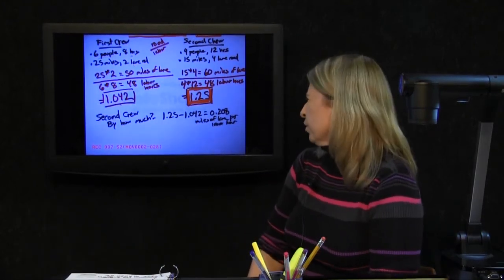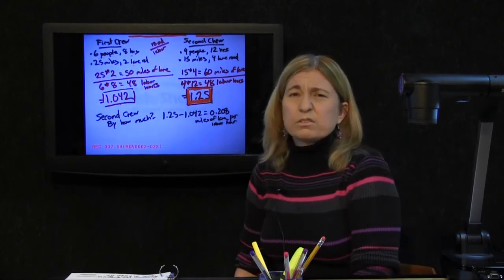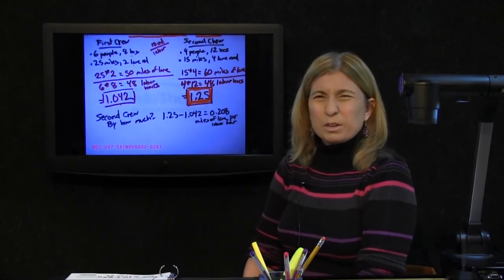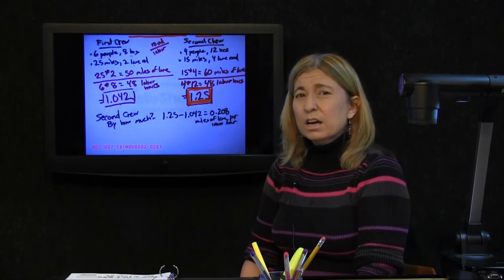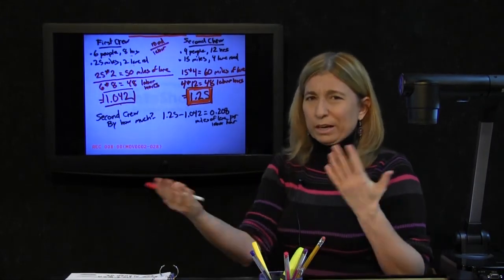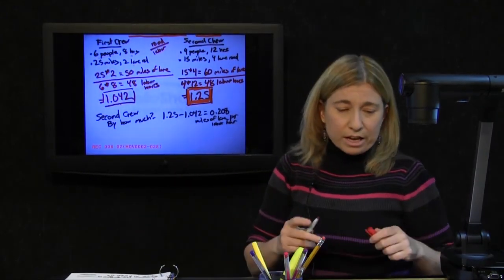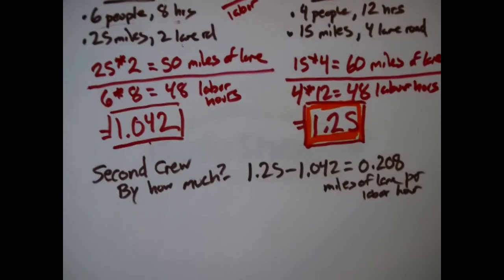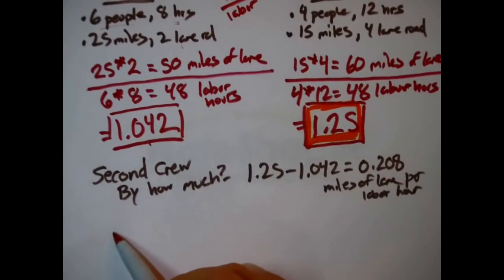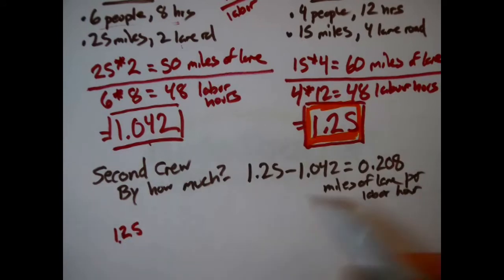Because when you look at the 0.208, that is an answer to the question, but it doesn't really give you any sense if that's really good or bad. If they're winning, so to speak, by a lot or not. Percent difference. The percent difference starts out a lot like the absolute difference, because you still say 1.25 minus 1.042.